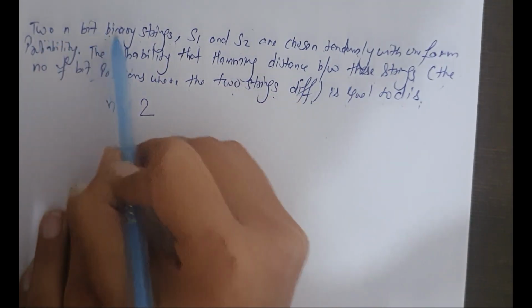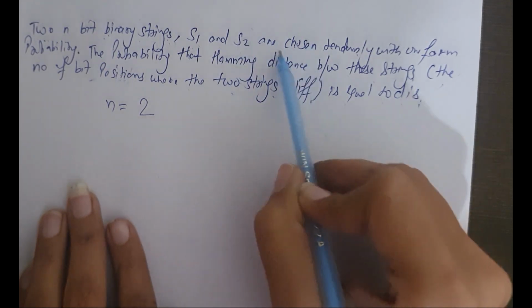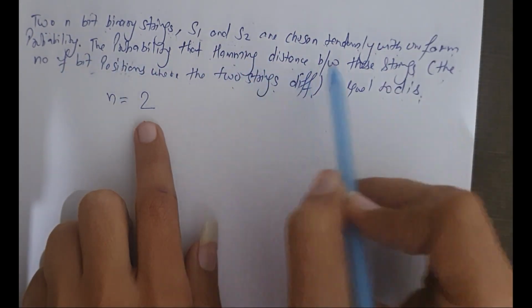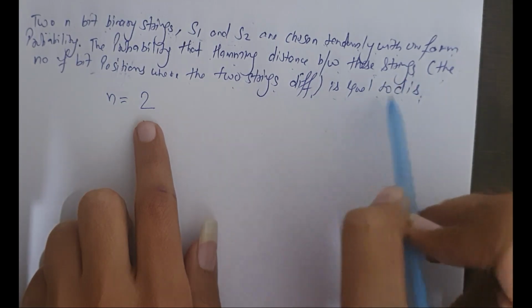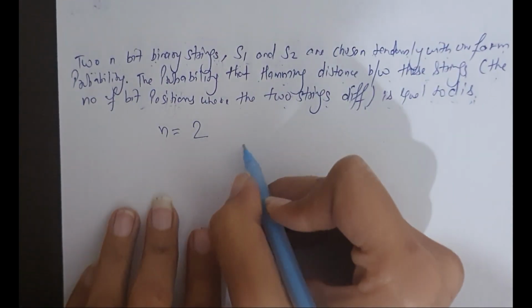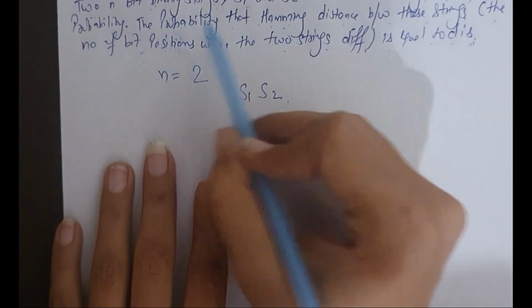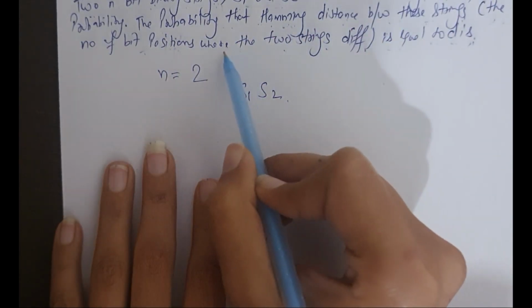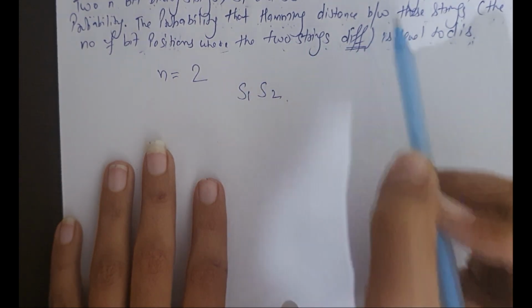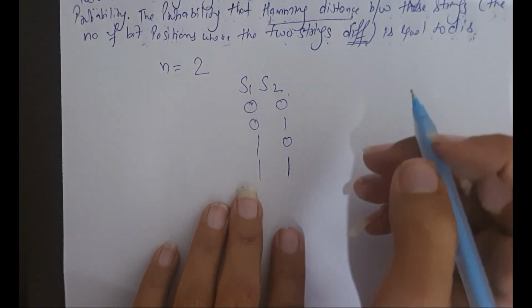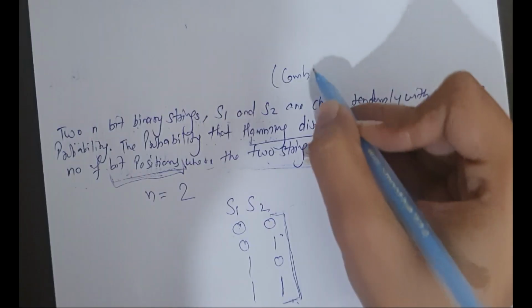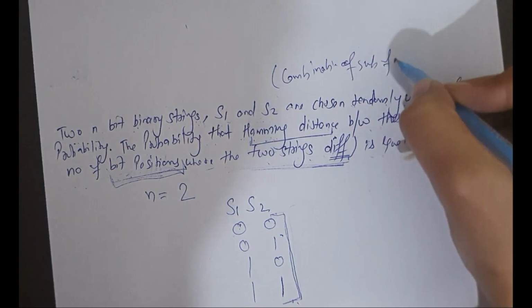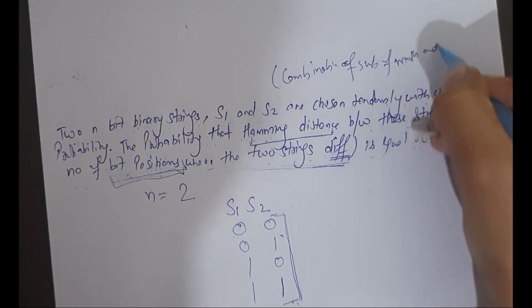The probability that Hamming distance between these strings is equal to D. Here S1 and S2, two strings are there. If you know the digital subject, then you must be aware of Hamming distance. This question is a combination of the subjects of mathematical engineering and digital.